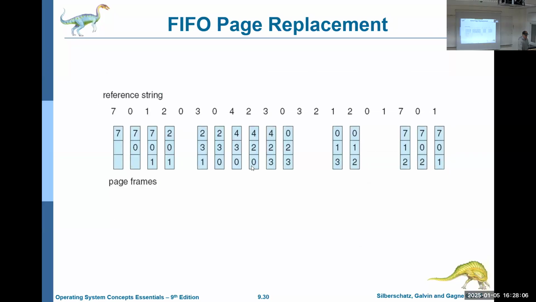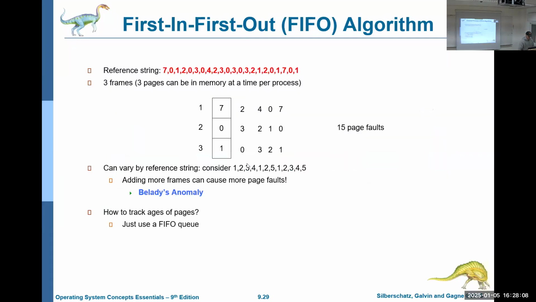Now look at this reference string. How do we track the ages of pages? Well, we could just use a FIFO. That's not really age. Why is it not age? Because it could be that my list was, let's say, like this: 7, 0, 1, 7, then 2, 0.